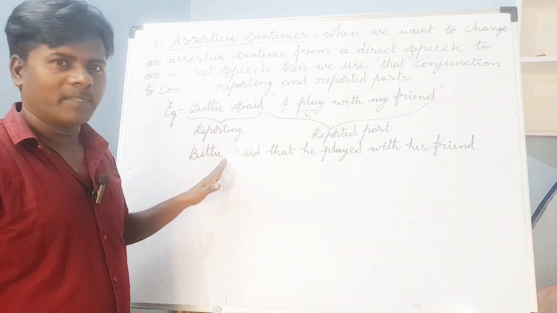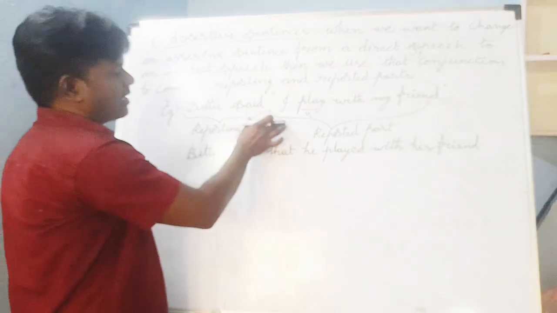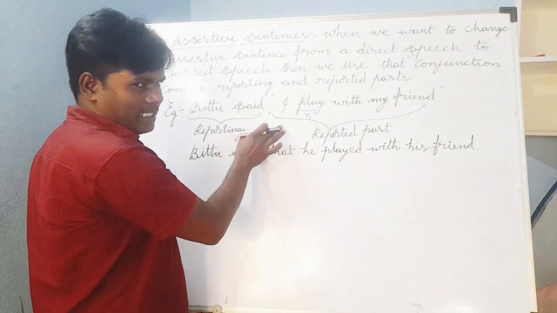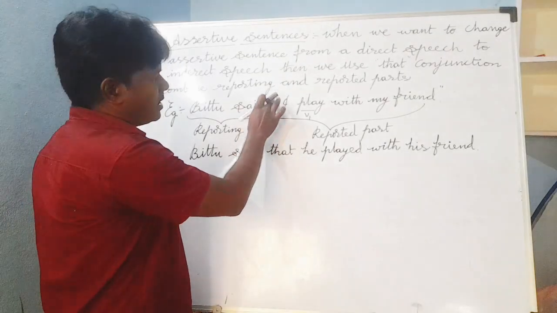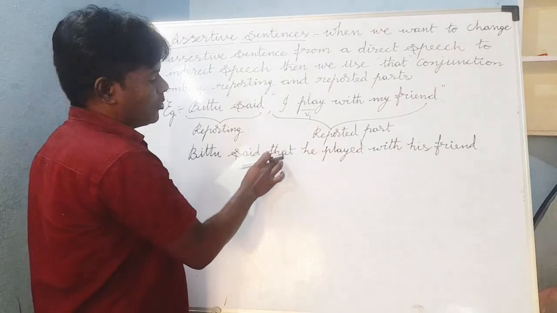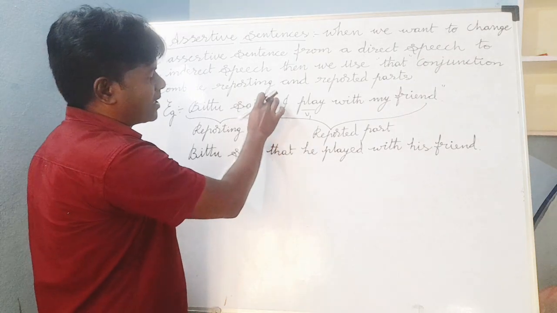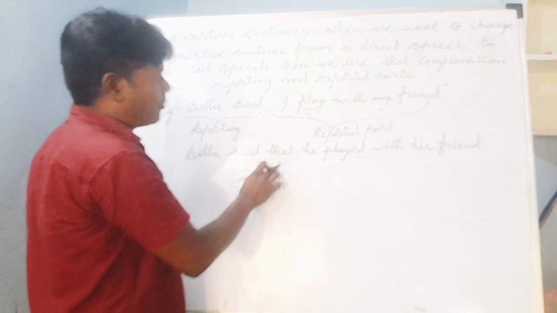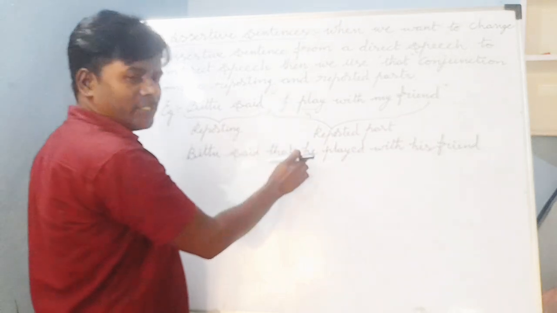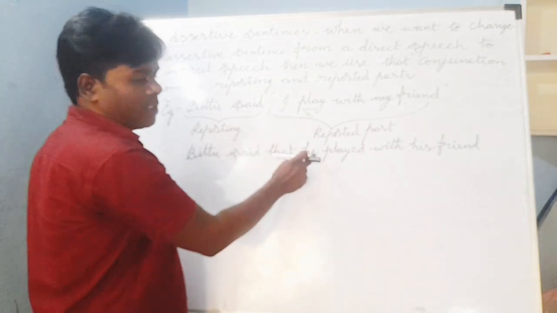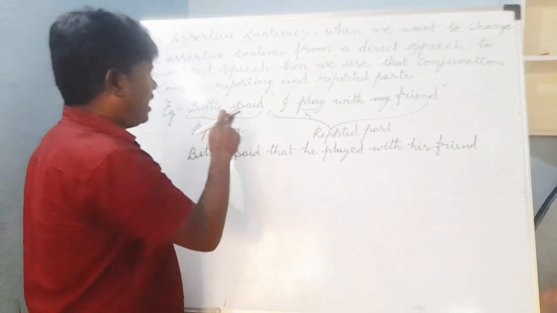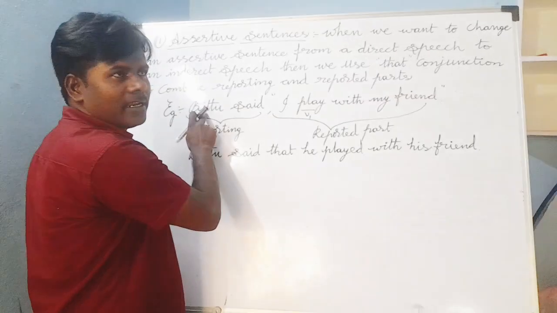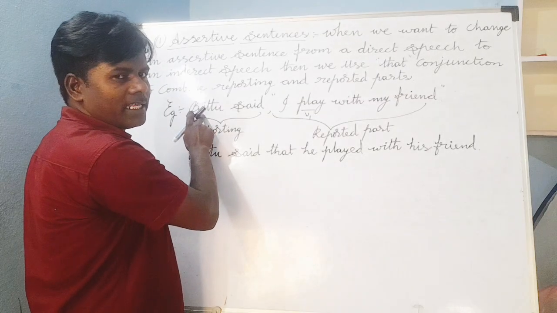After then, already I said we have to use that conjunction, right? So instead of these inverted commas we use that conjunction. Inverted commas బదులు that conjunction use చేస్తున్నాము. Then I changed into he. Why? Because this speaker is a boy.